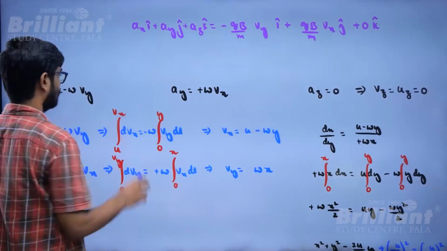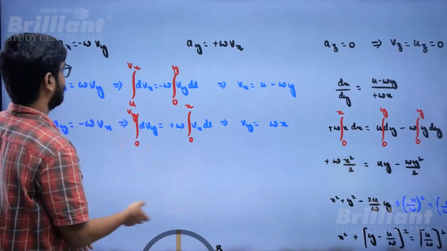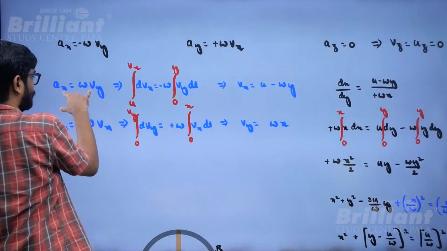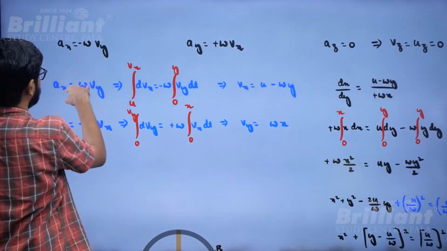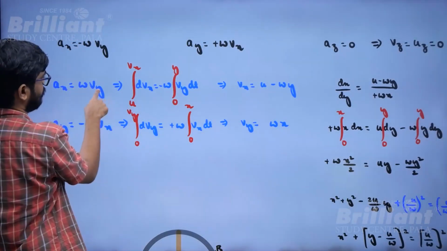Now I need to solve these equations. We can solve it in many ways. Initially I am solving it this way. I am writing this as it is, with the minus, minus omega vy.